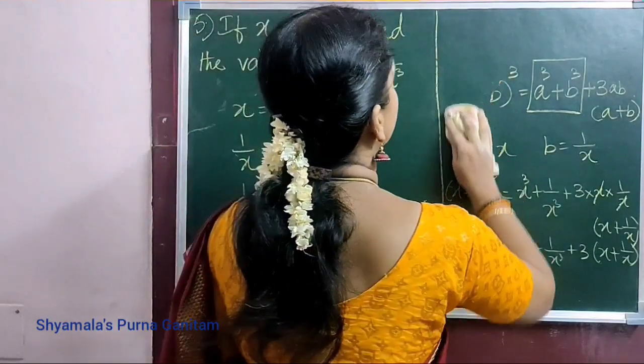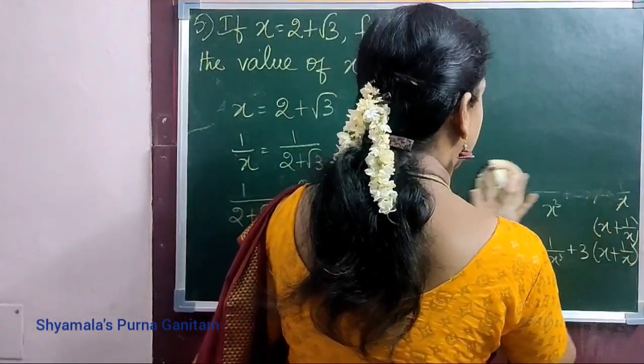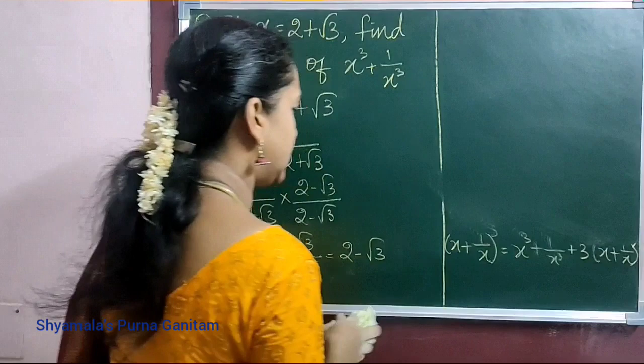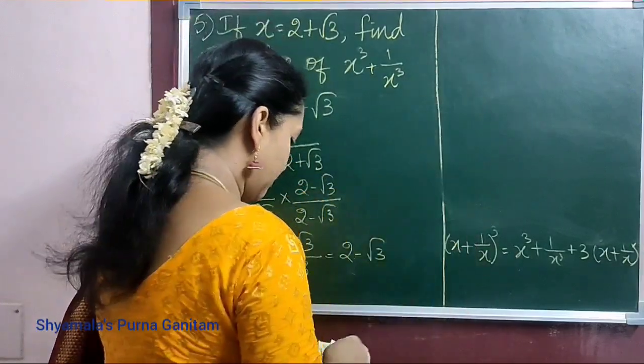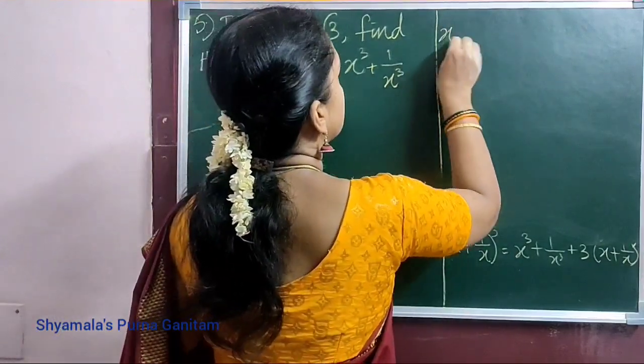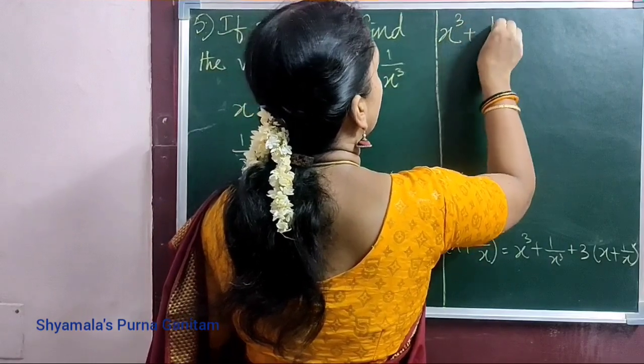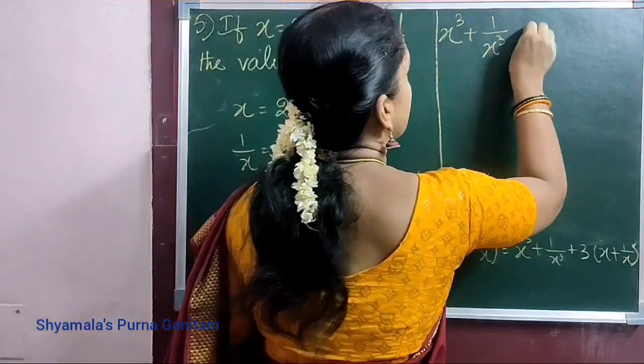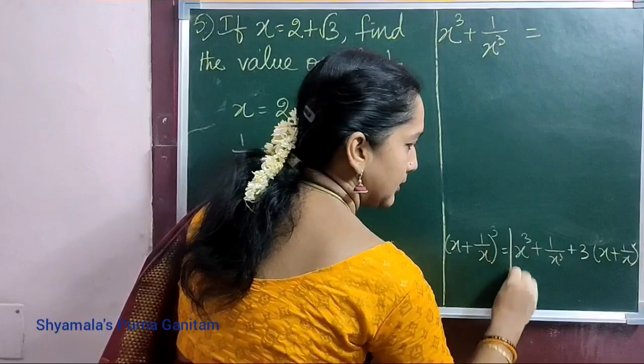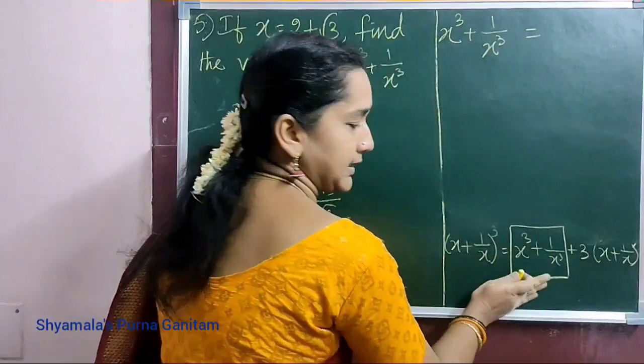Okay, now we will substitute it in this. That is x cube plus 1 by x cube is equal to. So this one I am keeping as it is.